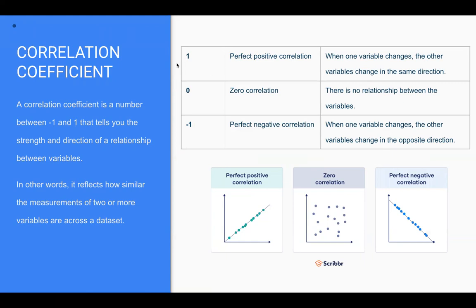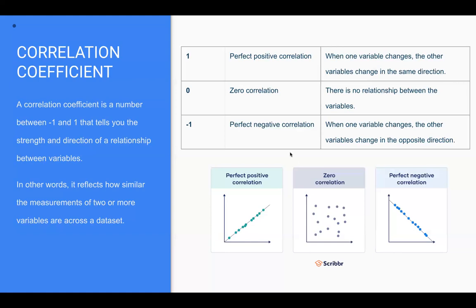So if we look over here, we see that 1 is a positive correlation. When one variable changes, the other variable changes in the same direction, which would be like this. Then we go on to 0, which is no correlation, where there's no relationship between any of the variables, so one won't affect the other.